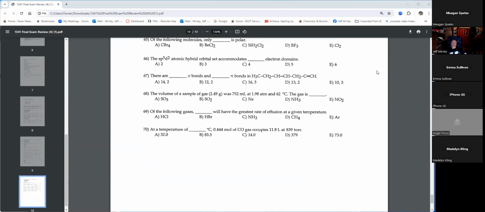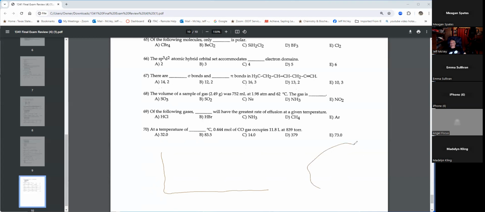Okay, this is an easy one, and sounds like something they might put on the final. Of all the following gases, which will have the greatest rate of effusion? So I'm going to give you a little chart here. These are gases that are in a mixture.